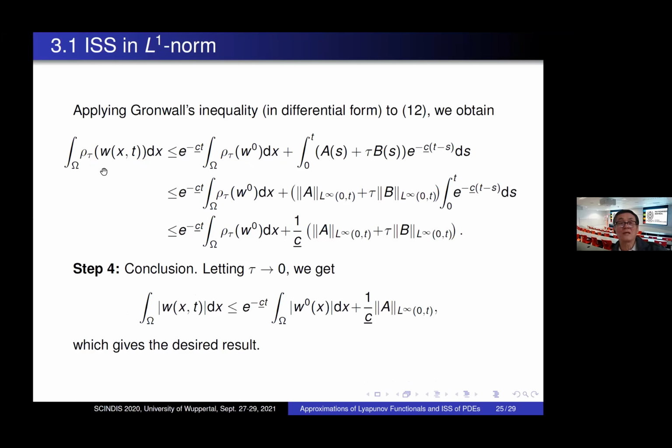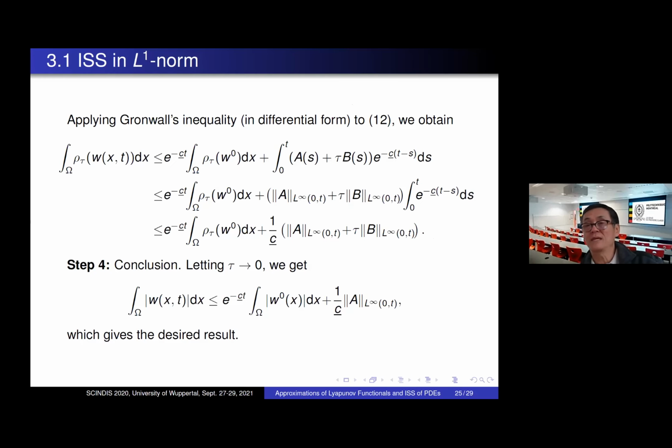The right-hand side of the function turns to the L1 norm, and the left-hand side of this inequality becomes this form. Actually, this is what we're looking for. It is the ISS estimate in L1 norm. So we can prove the results.